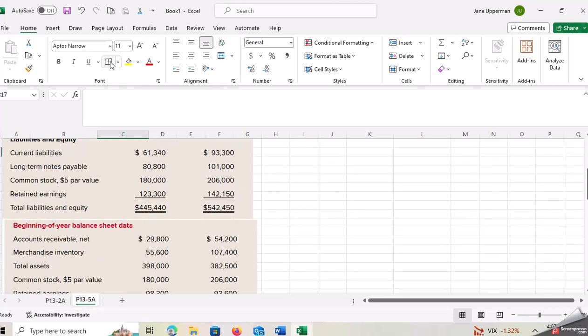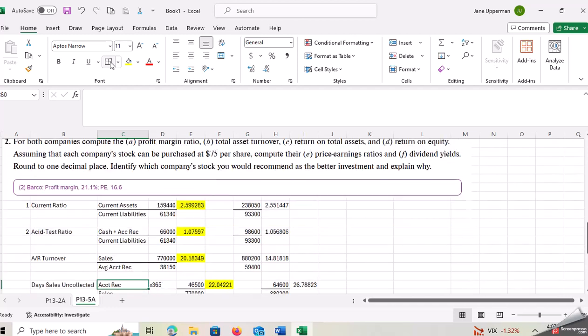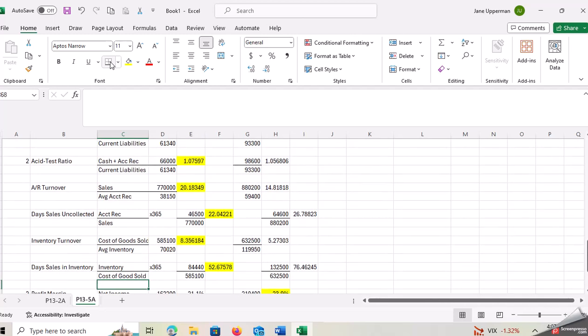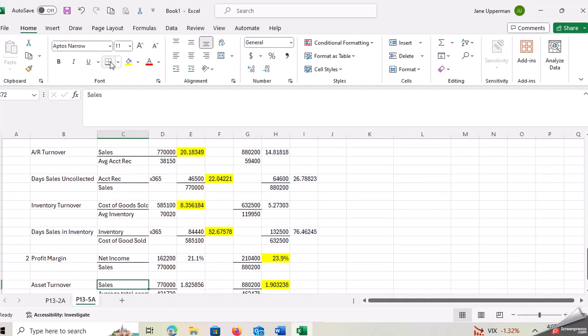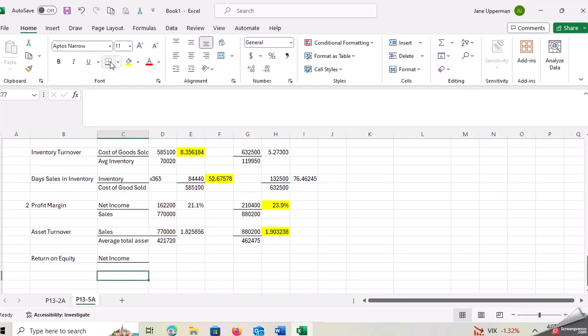Yeah, so I guess it's the average equity. All right, so that one is going to be a little bit harder because we have all of those to add together. So we'll come back down to our formula though. So the average equity. So our net income, again, we have that right above there. It's 162,200.